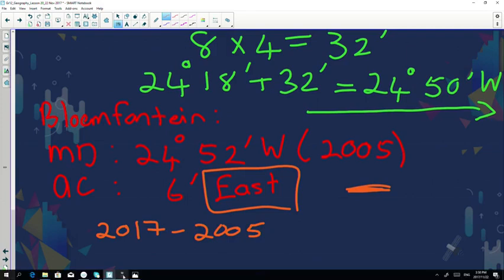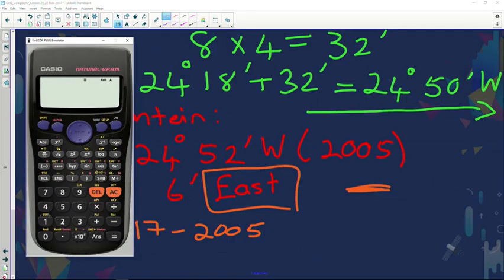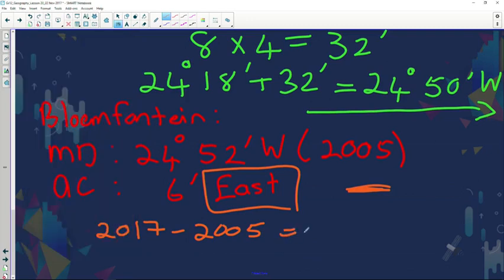And if you go to our calculator, 2017 subtracting 2005, that gives us 12. Now every single year it's changed 6 minutes, and 12 years have gone by since it was recorded. So it's 12 times 6.